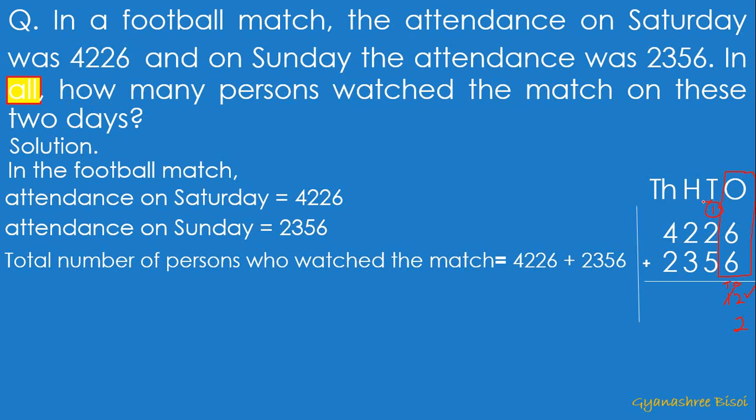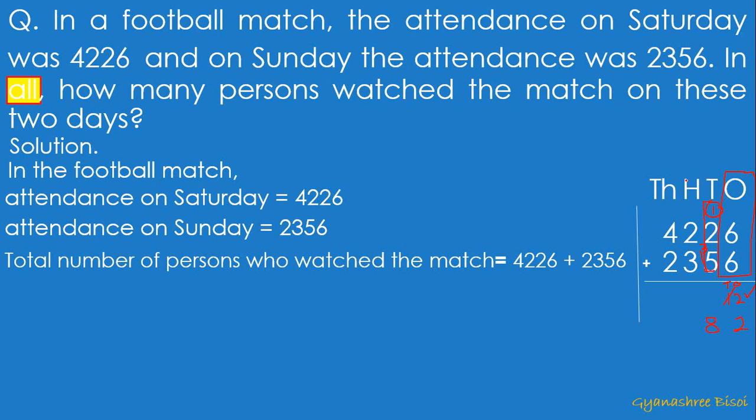Now look at the digits at tens place. At tens place, I have 1 plus 2. 1 plus 2, that becomes 3. Then 3 plus 5, that becomes 8. No carry over this time, only single digit. So below tens place, I will write 8.